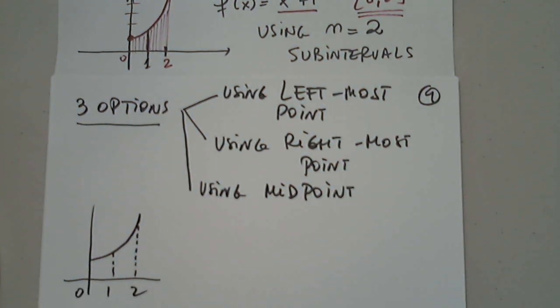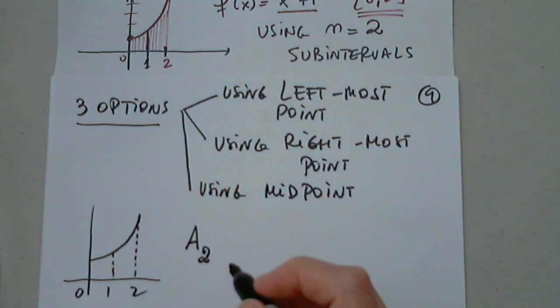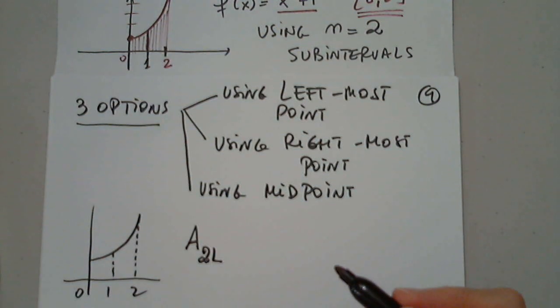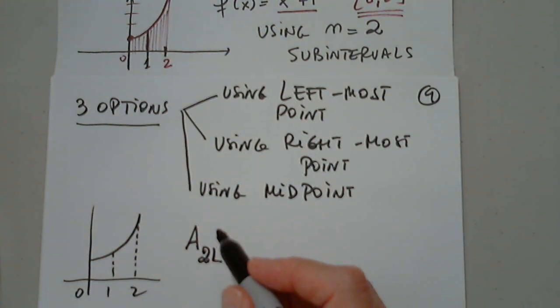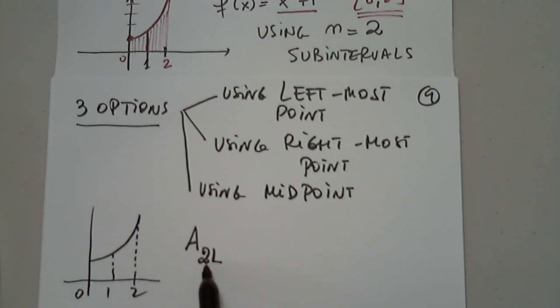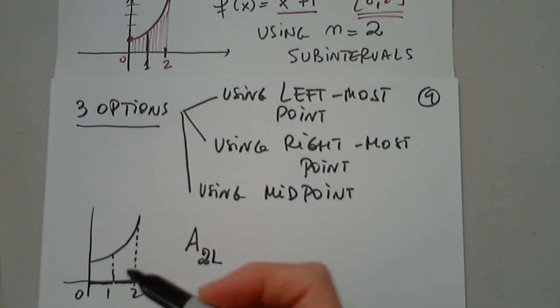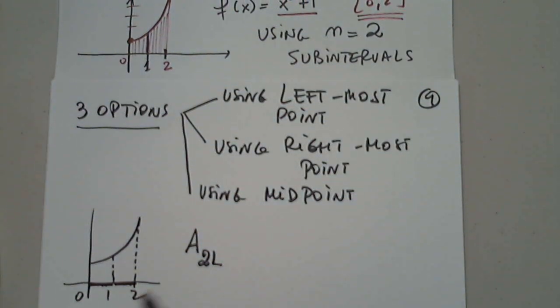Okay. So the area with 2 subintervals and leftmost point means divide the interval into 2 equal pieces, in this case, 1 unit, 1 unit, and use the height to determine the area of a rectangle using the leftmost point.